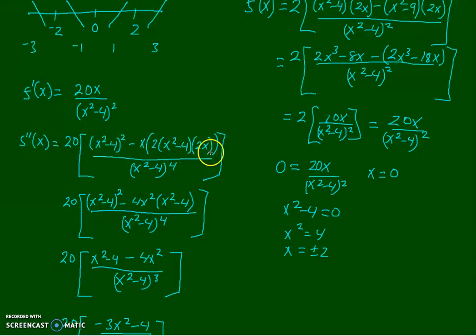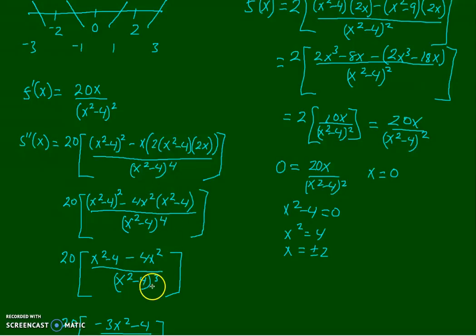Now we just simplify the numerator. Here we have 2x times 2 times x is 4x squared, times x squared minus 4. We simplify yet again. We have a common x squared minus 4 in every one of these three terms. So we pull one out here, we have this. Pull this one out, we have the 4x squared.